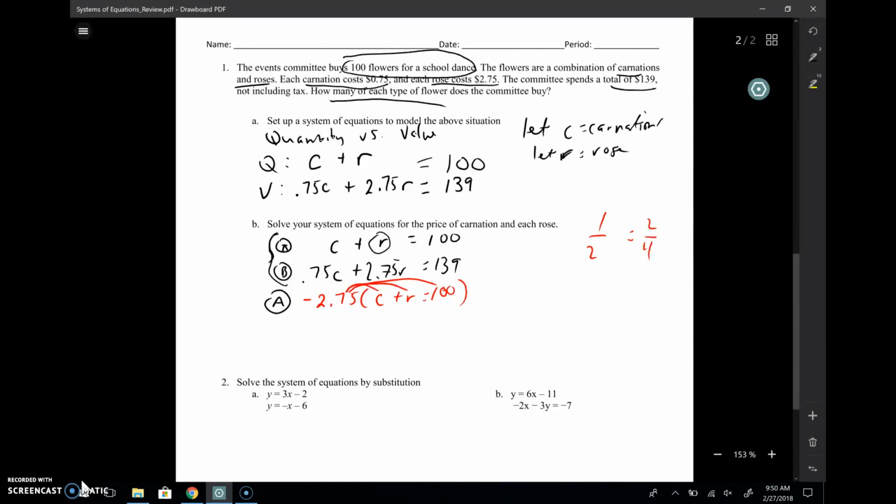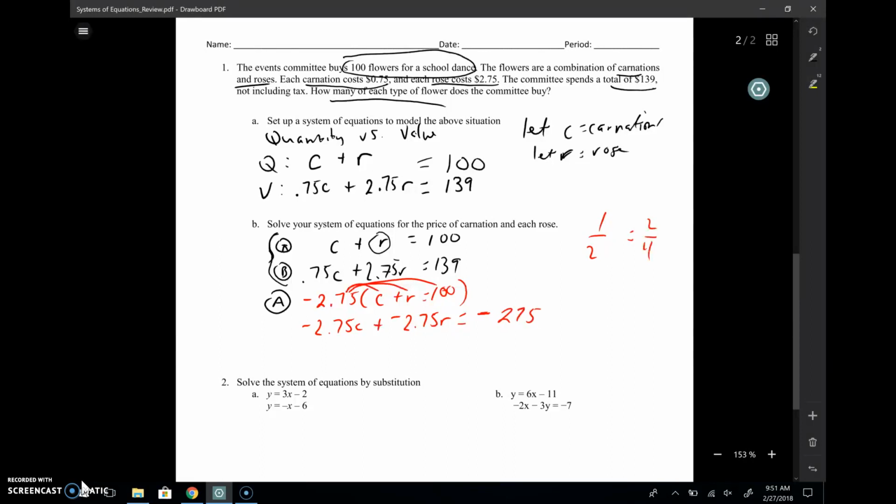So my new equation A is going to be negative 2.75C plus negative 2.75R is equal to negative 275.